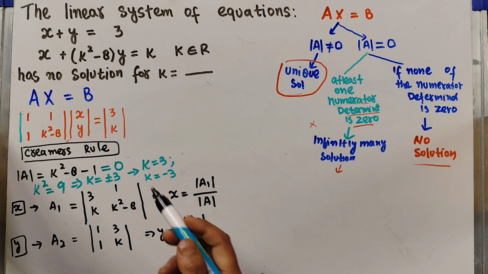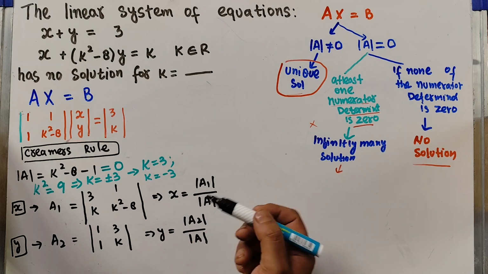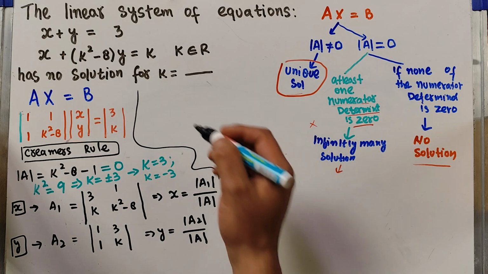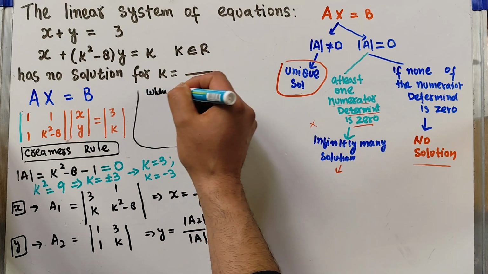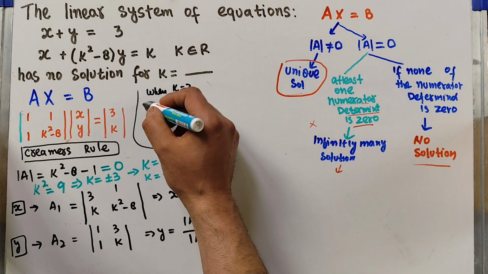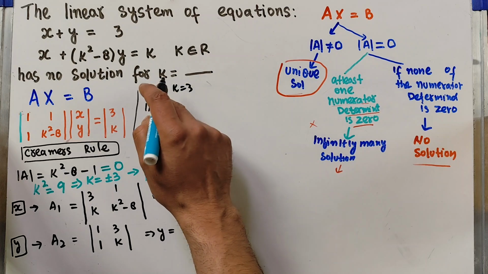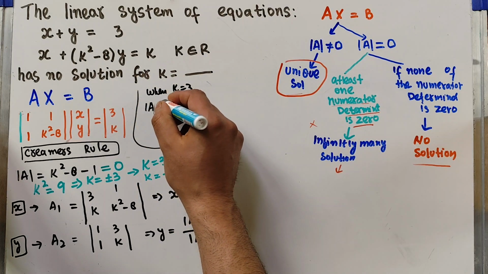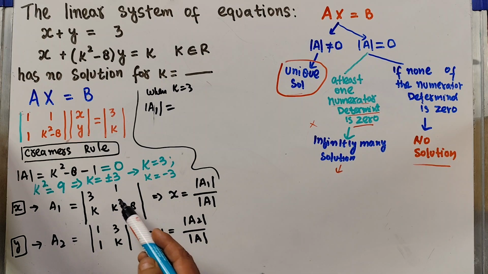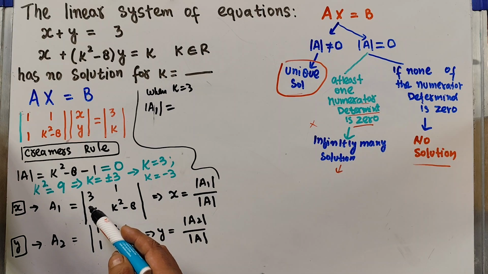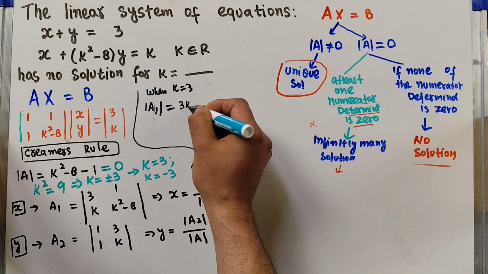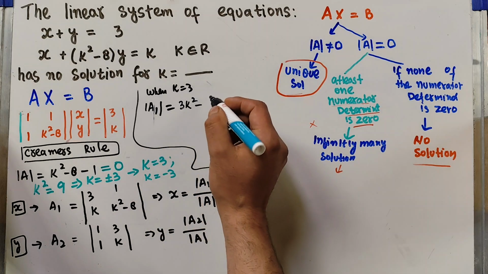Now when k is equal to 3, we are just trying to find out the case for no solution. When k is equal to 3, what is the determinant of a1? So how do we find the determinant? We multiply these two elements first, so we have 3 into k square, minus 3 8s are 24.